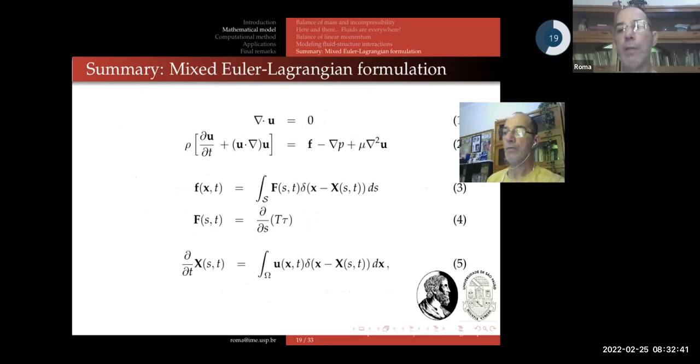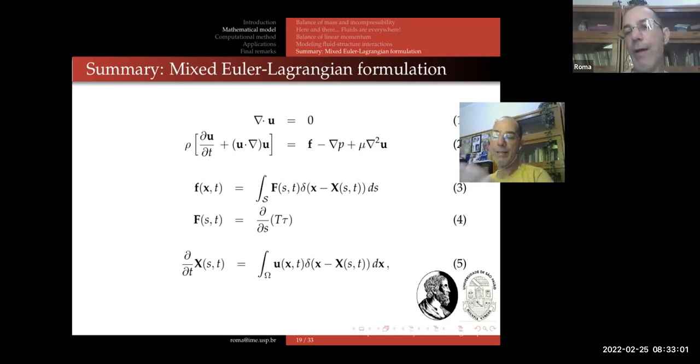Okay, so in summary, we have here a mixed Euler-Lagrangian formulation for an application involving incompressible flow of a Newtonian fluid with some elastic fiber interacting with the fluid, right?